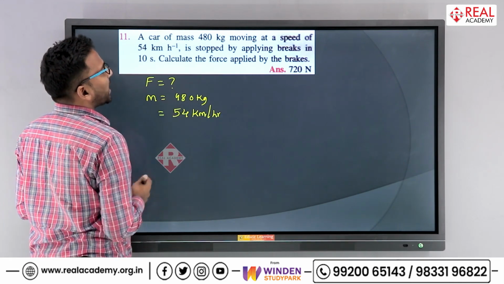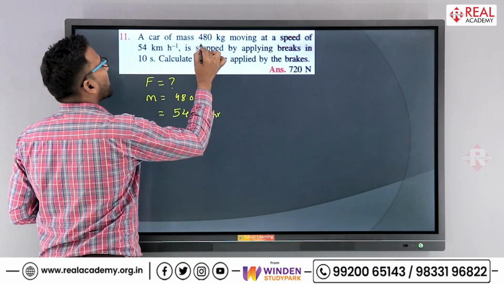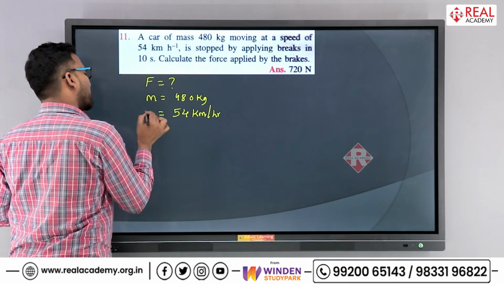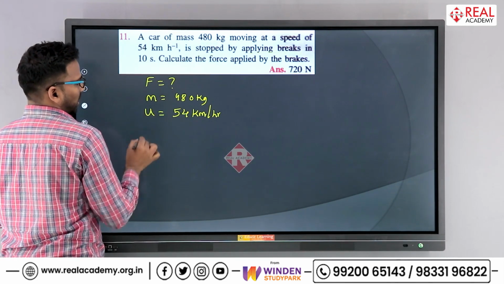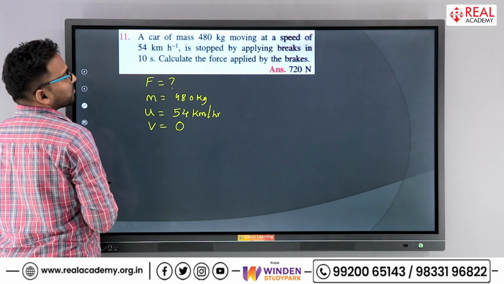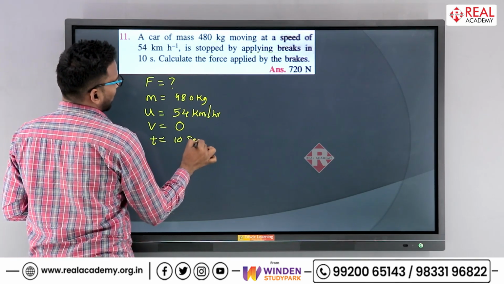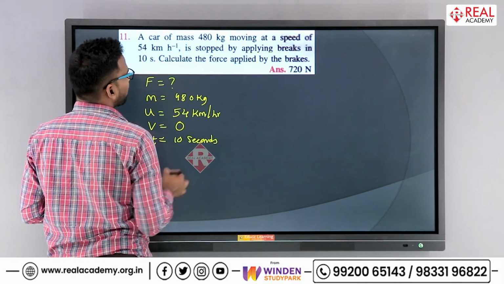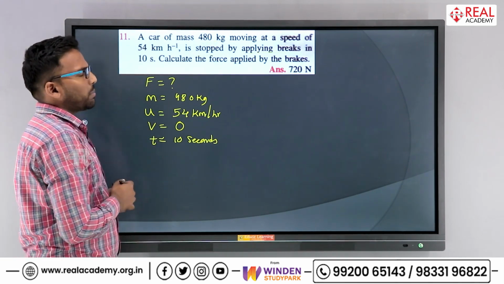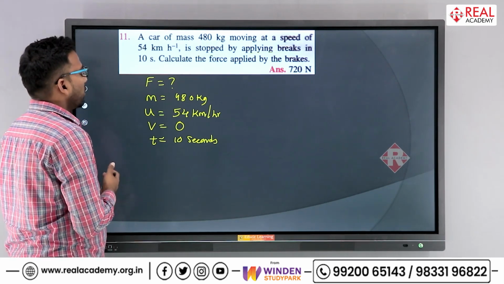Is stopped by applying brakes, that means final velocity is 0, in 10 seconds. The time given here is 10 seconds. Calculate the force applied by the brakes.